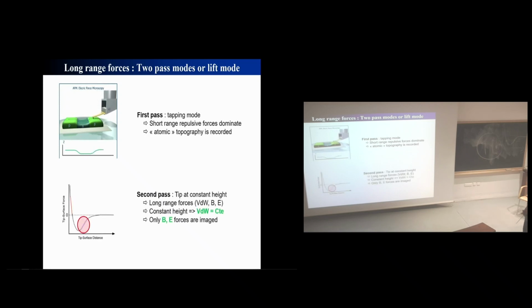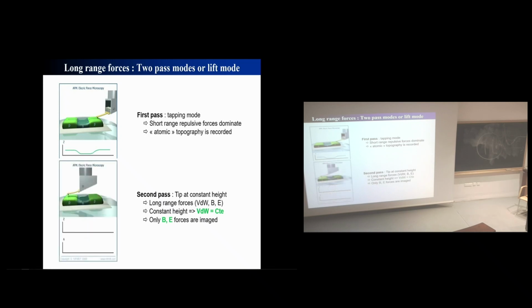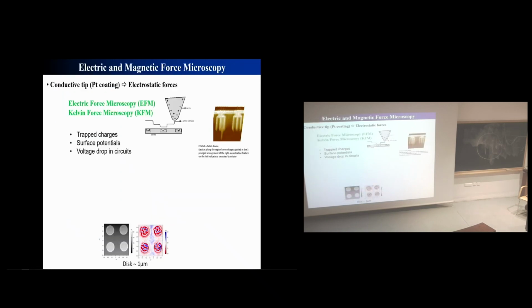Then, in a second pass, you remove your tip from the surface and you follow the topography you've just recorded, but at a constant height. And because of this constant height, you know that van der Waals forces are constant. So you will only measure long-range forces coming from either magnetic field or electric field. This way. Clear? Easy, huh? Not too complicated.